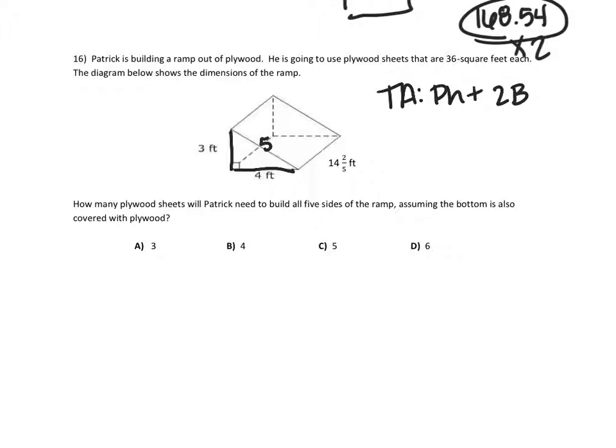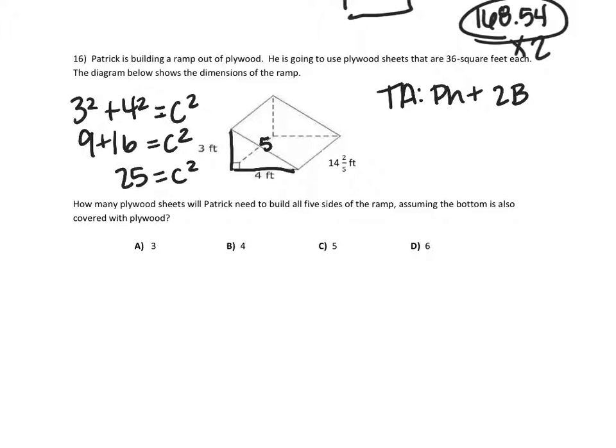So 3 squared plus 4 squared equals C squared. So 9 plus 16 equals C squared. 25 equals C squared. And then take the square root. Okay. And then so 3, 4, 5 is 12. The perimeter is 12. The height I would use as 3.